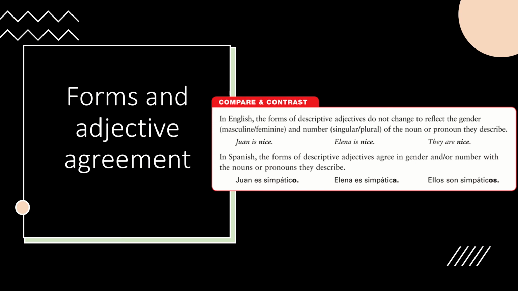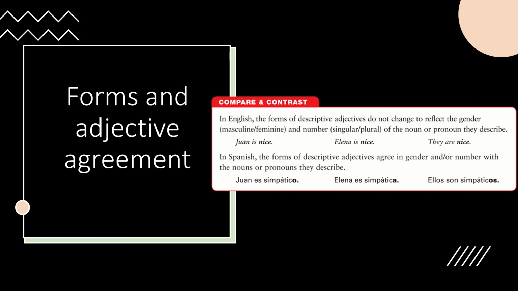Juan is nice. And we have Elena is nice. Okay, and then we have they are nice. Notice that we use the exact same adjective 3 times. The first time we're talking about a boy, second time we're talking about a girl, and then the third time we're talking about multiple people, they. We use just that single adjective.